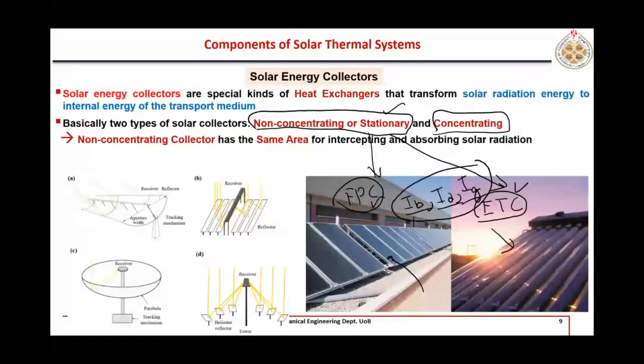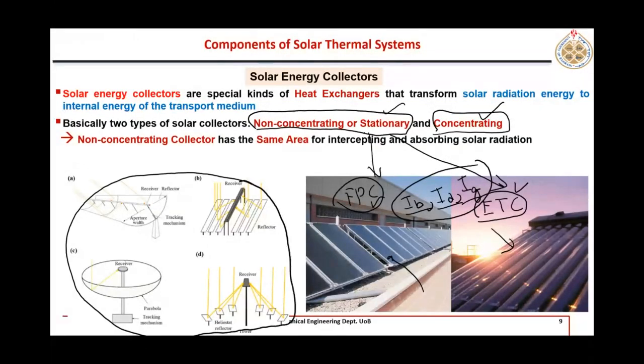The second major category is this concentrating type of collector. So here you see different types of concentrating collectors. These are called parabolic trough, these are heliostat, these are parabolic dish, these are heliostat reflectors. Okay, so a large number of mirrors.